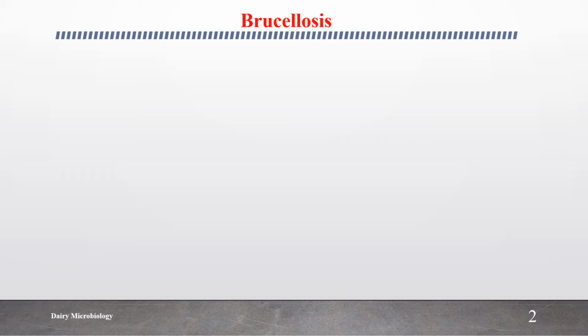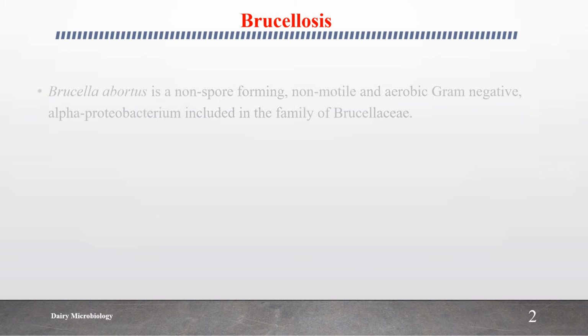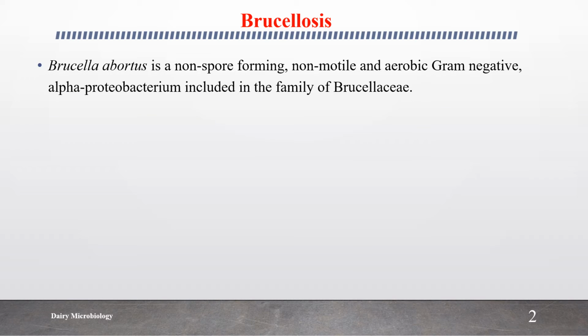Brucellosis is primarily a disease of dairy cattle which is caused by the organism Brucella abortus. It is a non-spore bearing, non-motile, aerobic gram-negative organism of alpha proteobacteria which is included in the family Brucellaceae.